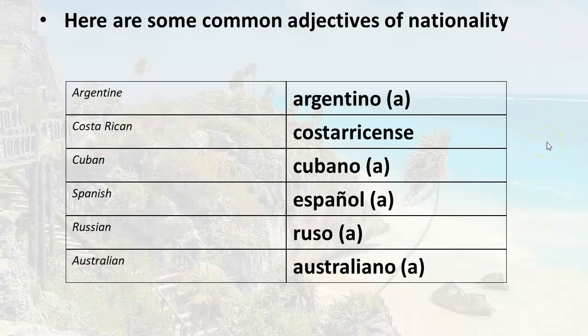We also have Argentine, argentino, argentina, four forms, Costa Rican, costarricense, just two forms, Cuban, cubano, cubana, so this will have the four forms. Spanish will also have the four forms. We have español, española in the singular. Russian, ruso, rusa, this will have four forms. And Australian, australiano, australiana, four forms.